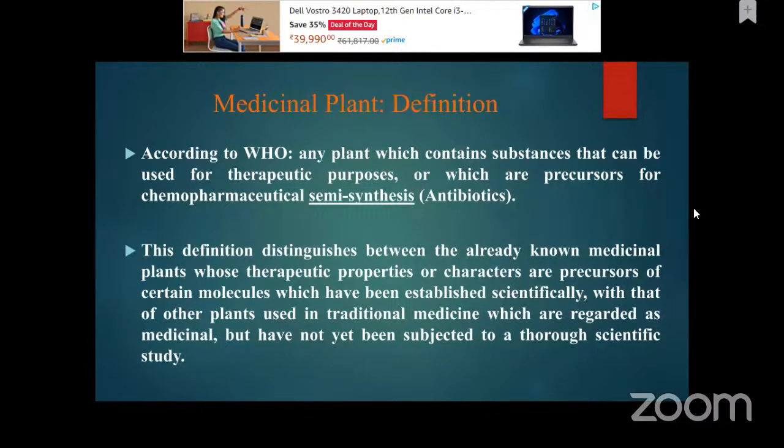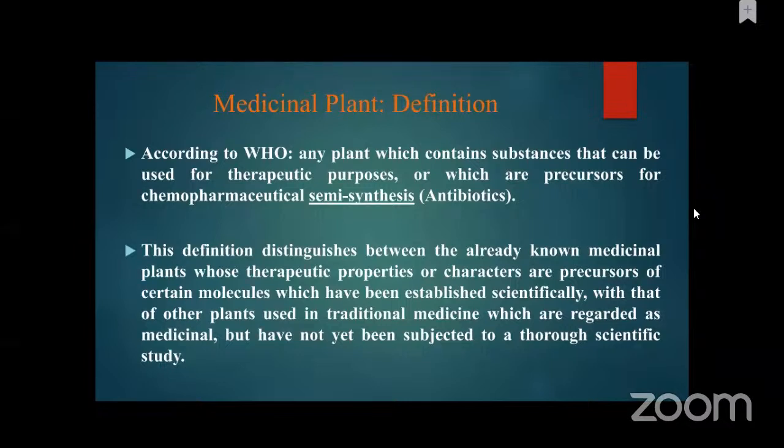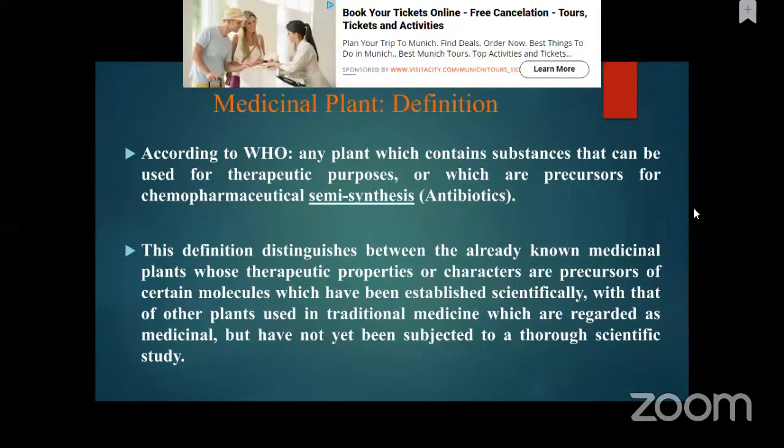So this definition distinguishes between the already known medicinal plants, whose therapeutic properties are established scientifically, or which are precursors of certain molecules, and the other plants used in traditional medicine which are regarded as medicinal but have not yet been subjected to a thorough scientific study.